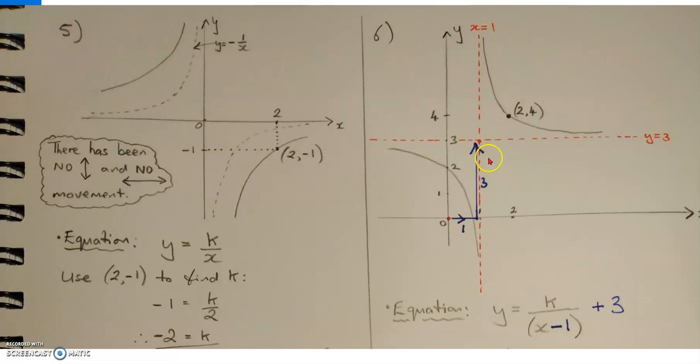The graph cannot touch the asymptote there or there. And the same is true here. Anywhere along y equals 3, the graph cannot touch. So you can quote all the values of y for the range, except where y is equal to 3. And you can quote all the values of x for this graph, except where x equals 1.